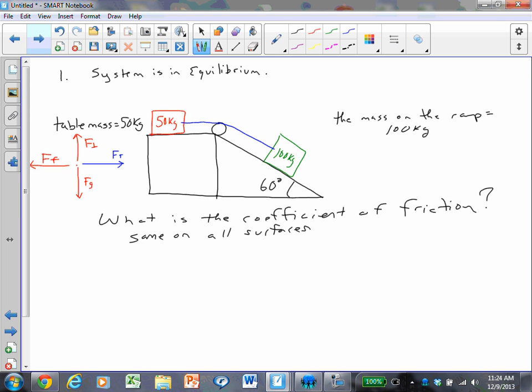So we have those forces. Now on the green one, Fg, Ft, F perpendicular, the component of Fg in the plane, which is called F parallel, and friction.